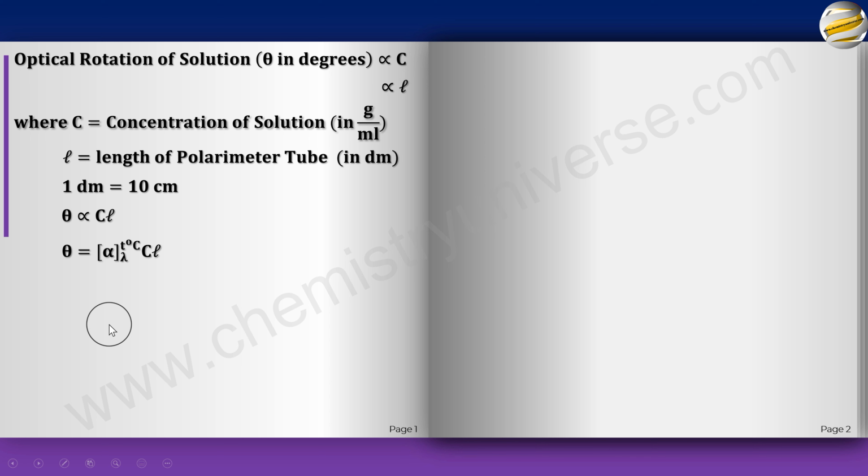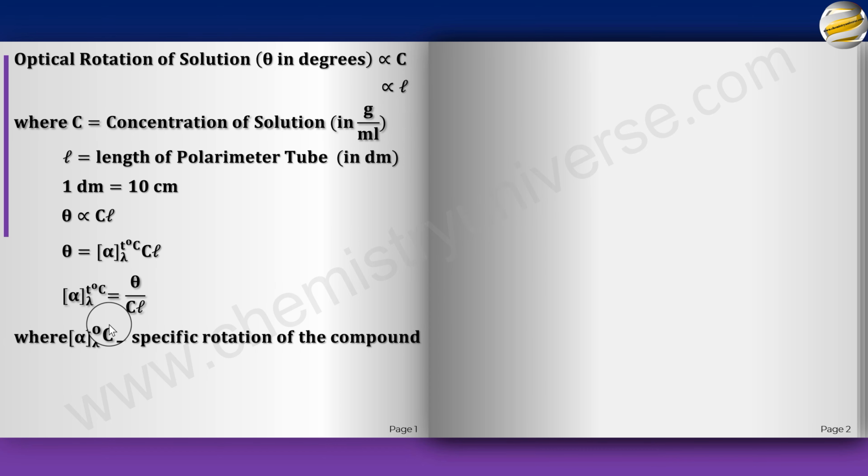And what is this? This alpha is theta upon Cl. So what does this alpha represent? It is called the specific rotation of a compound. So specific rotation is a property of a compound. Different compounds will have different specific rotations, and specific rotation is unique for a compound.